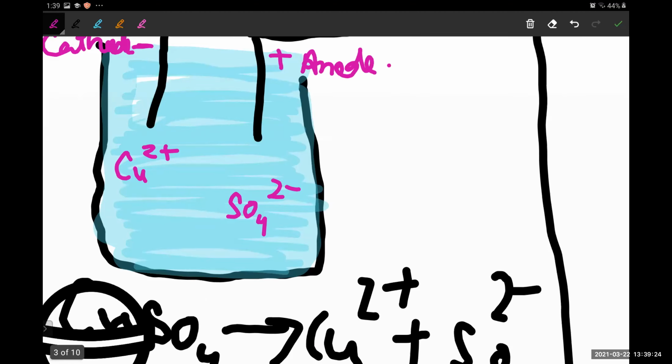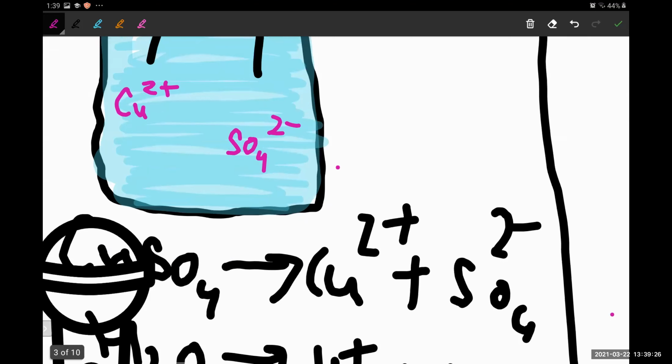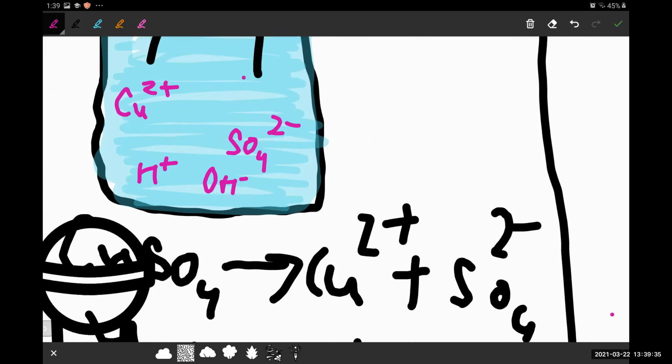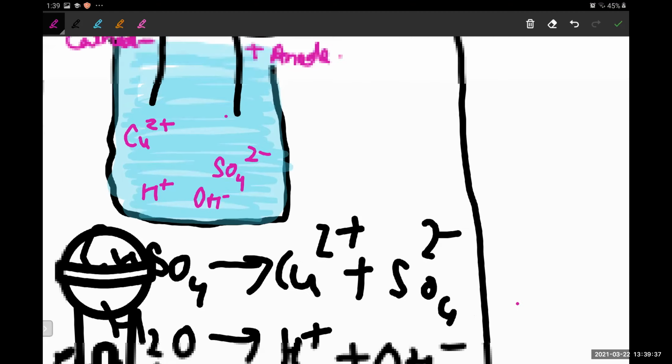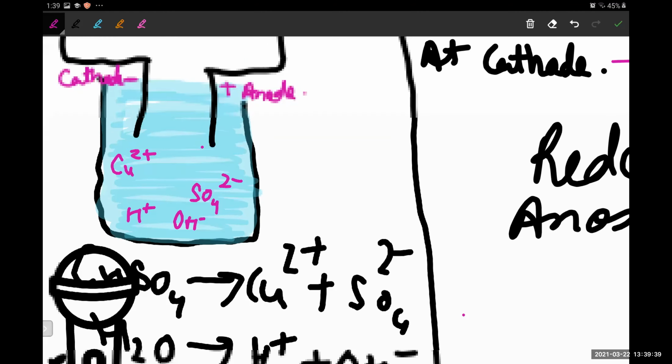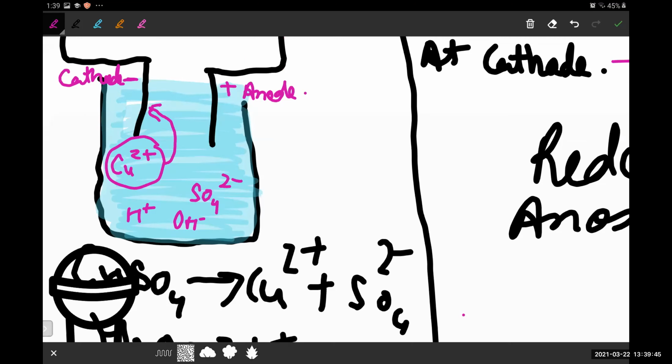And we'll be having H and OH also, right? So H plus and OH minus. So what will happen? This Cu will go to the cathode because it's positive. It will be attracted towards the negative electrode, and it will discharge itself.